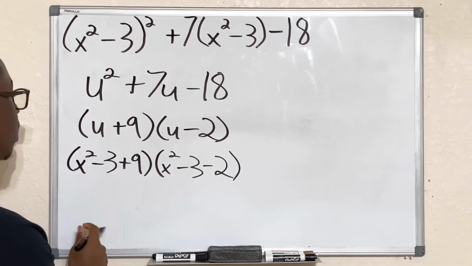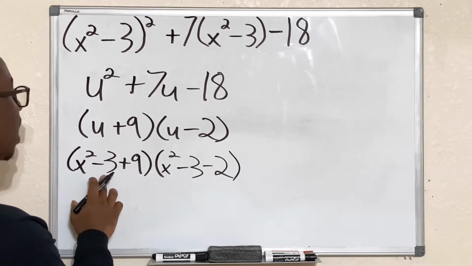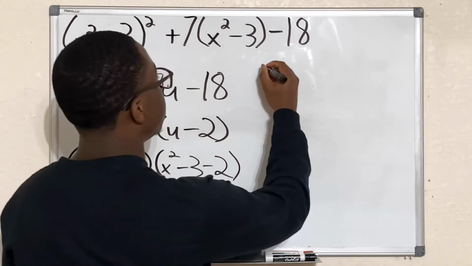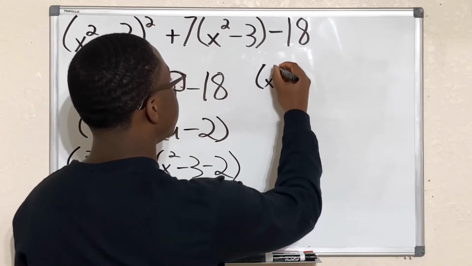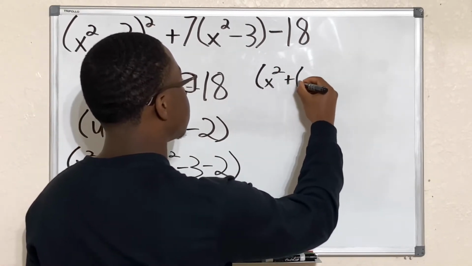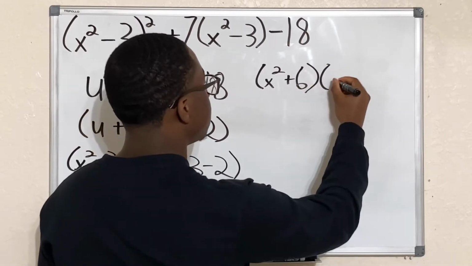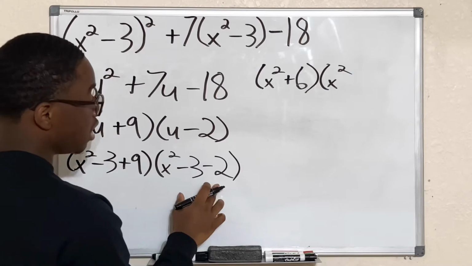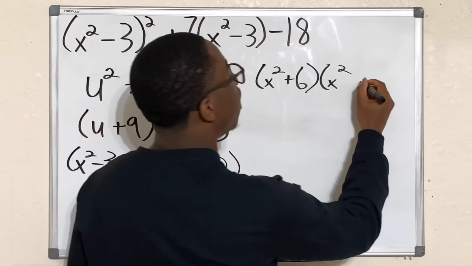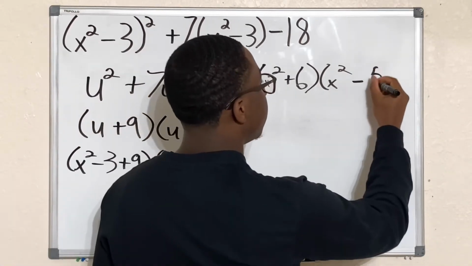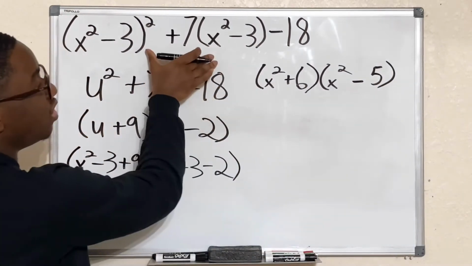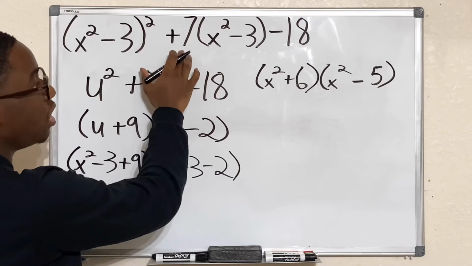So you'd end up with x squared minus 3 plus 9, that's going to give you a positive 6. So you'd end up with x squared plus 6 times x squared, and here we have a negative 3 minus 2, so that's going to give us a negative 5, x squared minus 5.